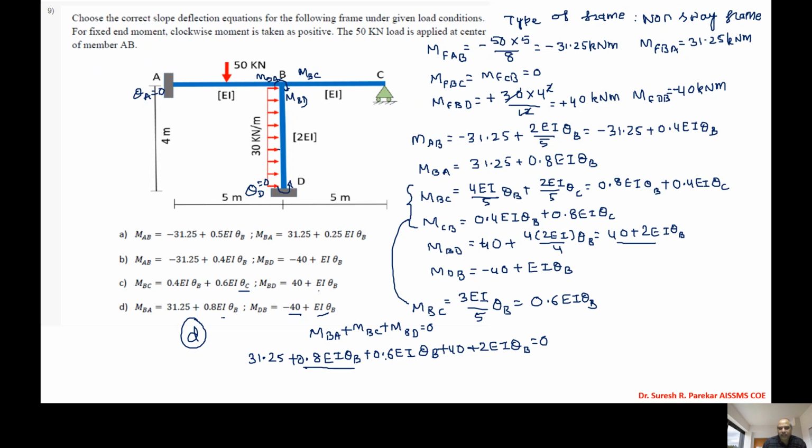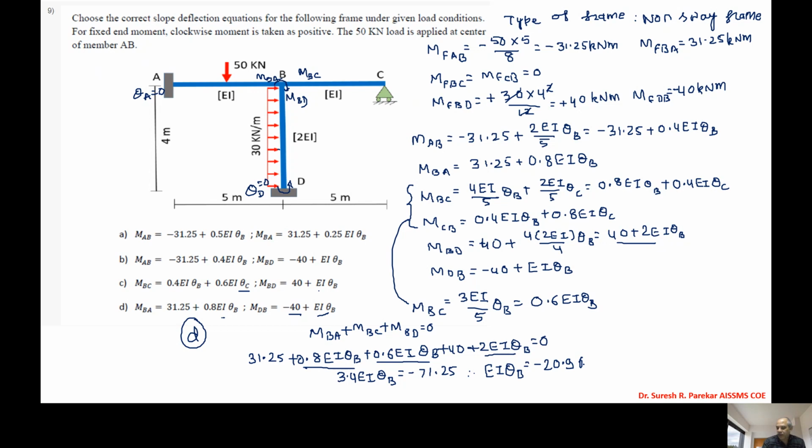Then 0.8, 0.6 is 1.4, and 2, so we have 3.4 EI theta B equal to minus 31.25 minus 40, which is minus 71.25. Therefore EI theta B is 71.25 divided by 3.4, which comes to 20.96.